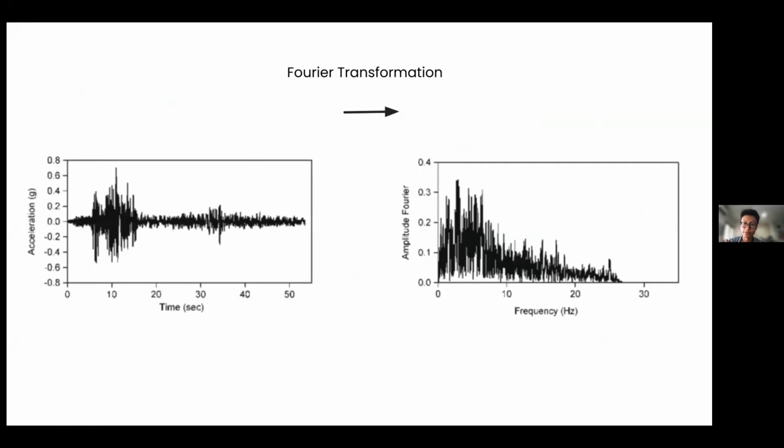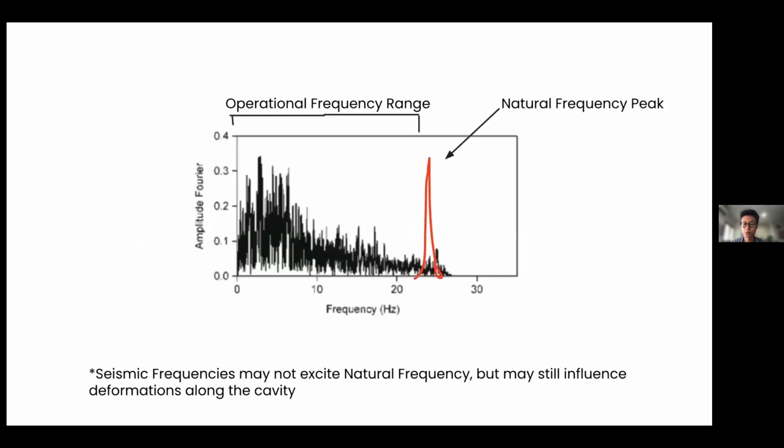This is significant because when we compare this plot with the natural frequency peak, the seismic vibrations occur between the DC, or direct current, frequency and the natural frequency of the fundamental mode. This explains that the seismic frequency will not excite the natural frequency of the object, but the cavity will still experience deformations due to the external vibrations.